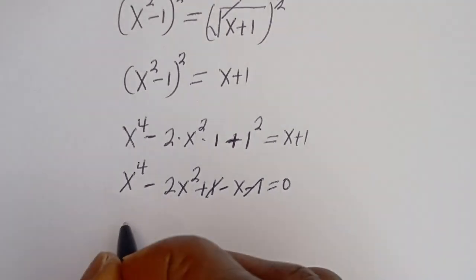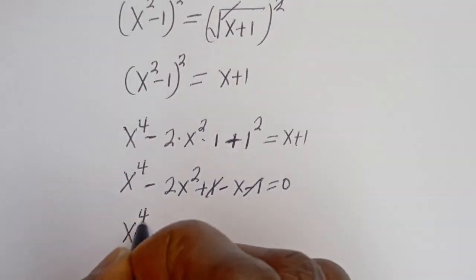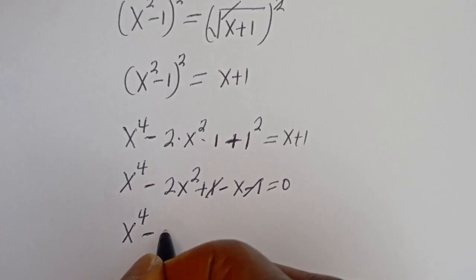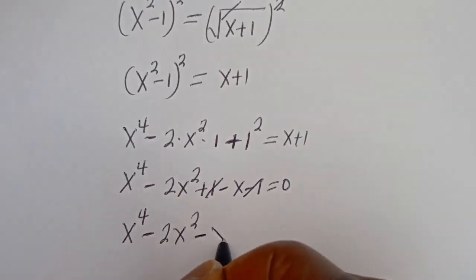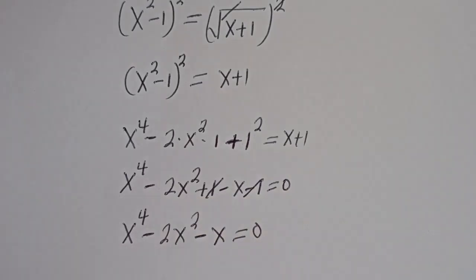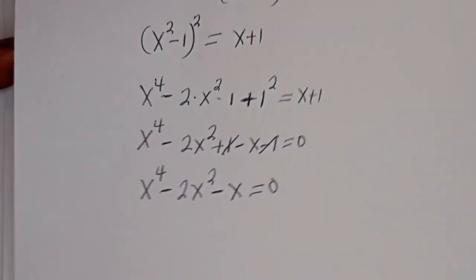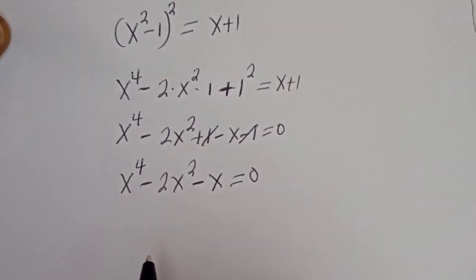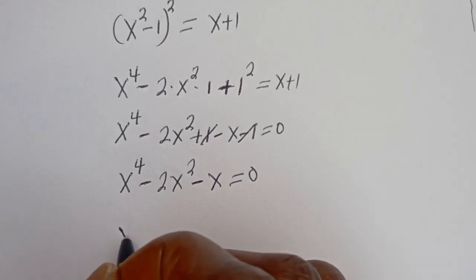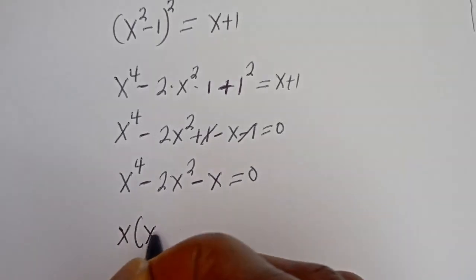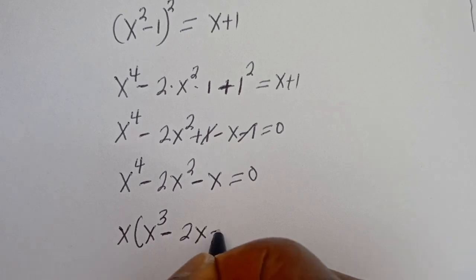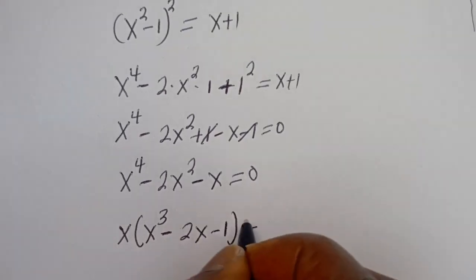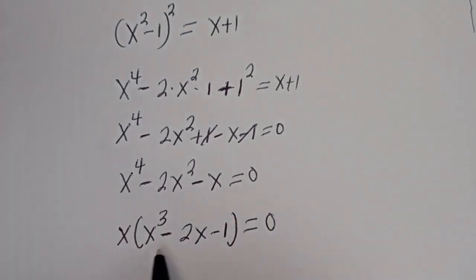We have s to the power of 4 minus 2s squared minus s is equal to 0. Now at this point, we can factor s out. We have s bracket s to the power of 3 minus 2s minus 1 is equal to 0. There are two cases here.